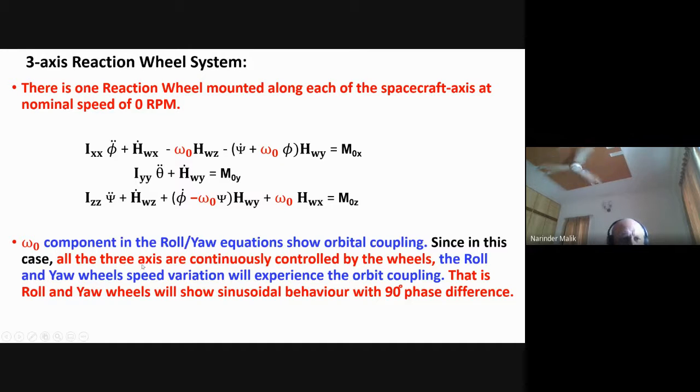In this case, all three axes are continuously controlled by the wheels. The roll and yaw wheel speed variation will experience the orbit coupling. That is, the roll and yaw will show sinusoidal behavior with a 90-degree phase difference.